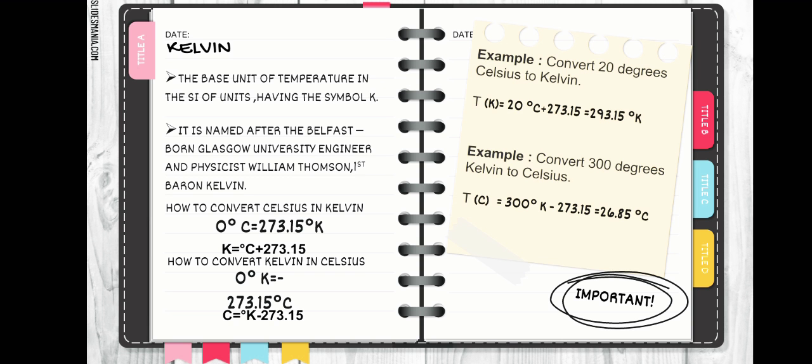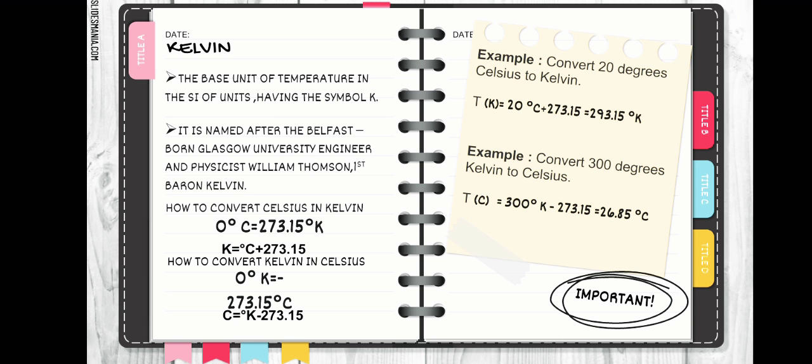And we know the equivalent of 0 degrees Celsius is 273.15 Kelvin. So we just need to add the two. So 20 degrees Celsius plus 273.15 gives the answer of 293.15 Kelvin. On the other hand, for an example of converting Kelvin to Celsius, the given Kelvin is 300 degrees.